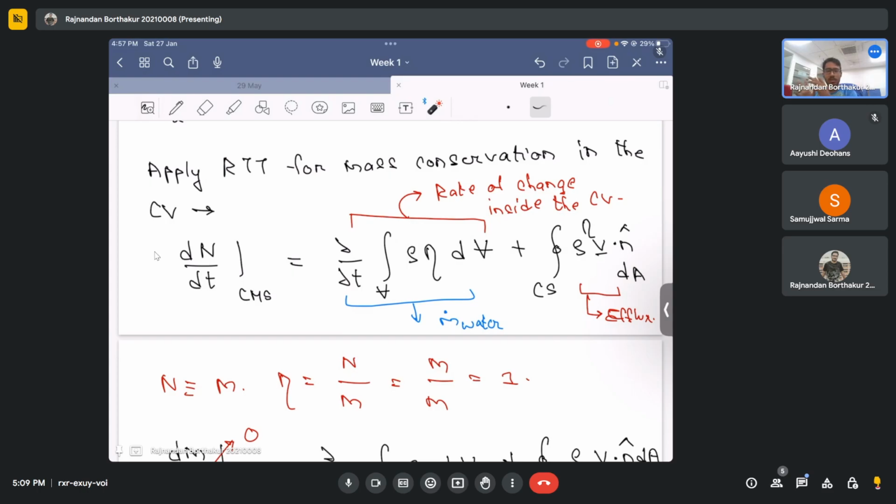This term just says how the water mass changes inside the control volume. Now if I apply this for air, this would be m dot water plus m dot air. However, this m dot air would be zero, since the air is just trapped inside this control volume. It cannot just move out. Had there been any leakage, then this would be changing. But in this case, m dot air is zero. So you just have to evaluate this term for water only. That's what I'm trying to say.